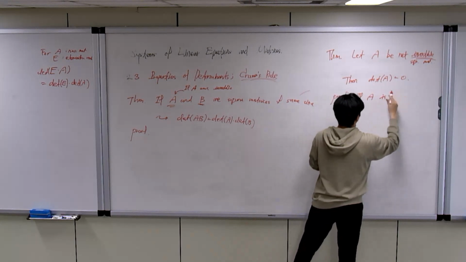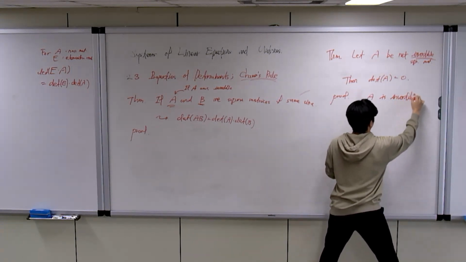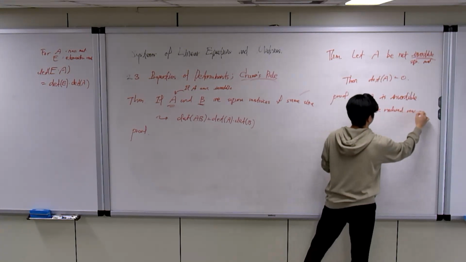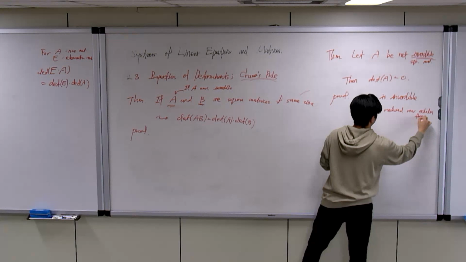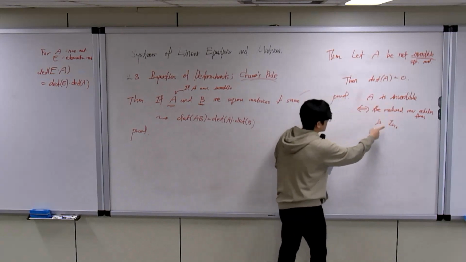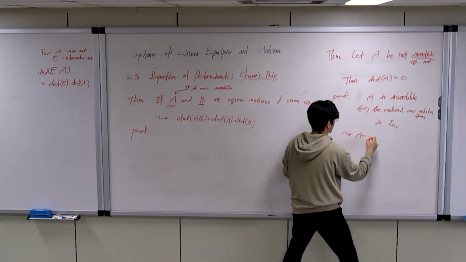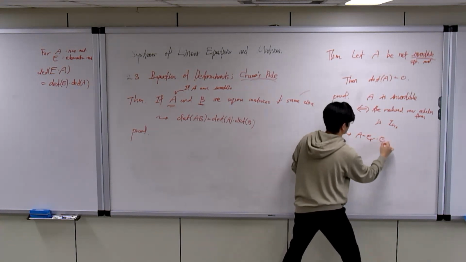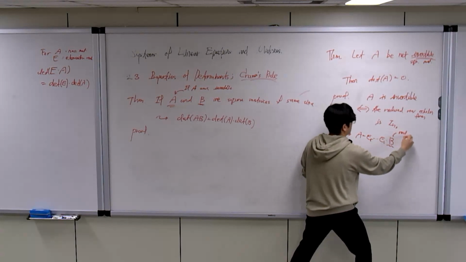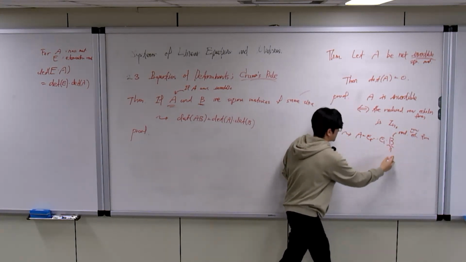A is invertible if and only if the reduced row echelon form is the identity matrix, and this means if A is not invertible, then the reduced row echelon form is not the identity.